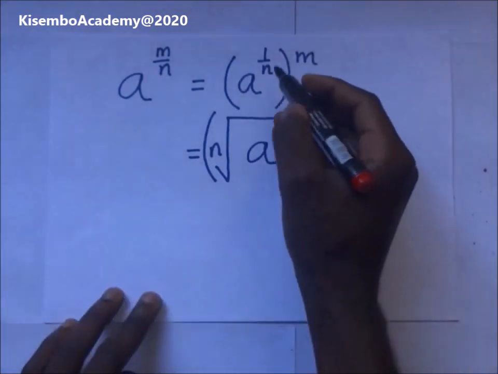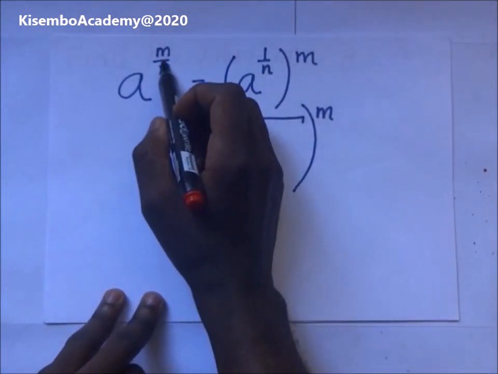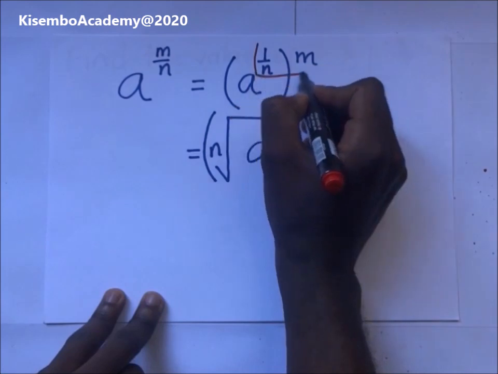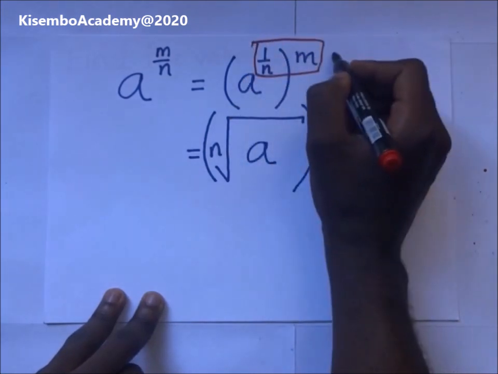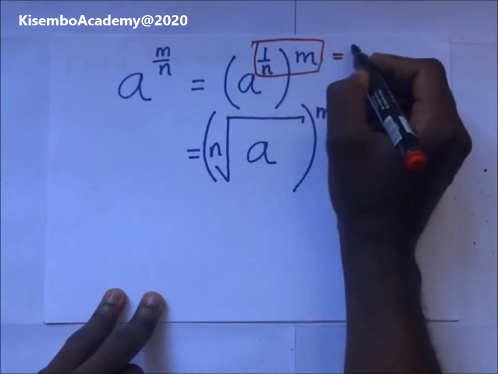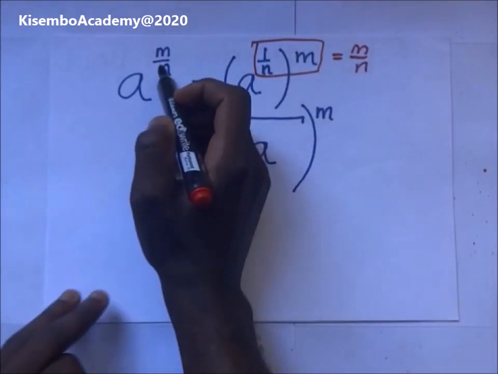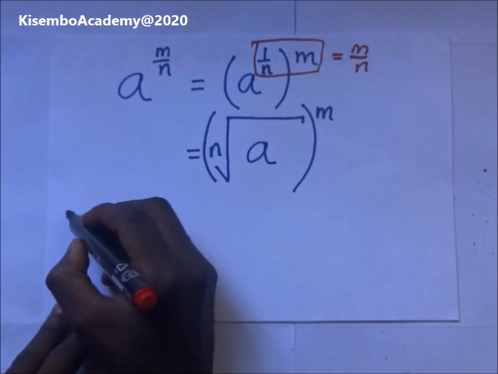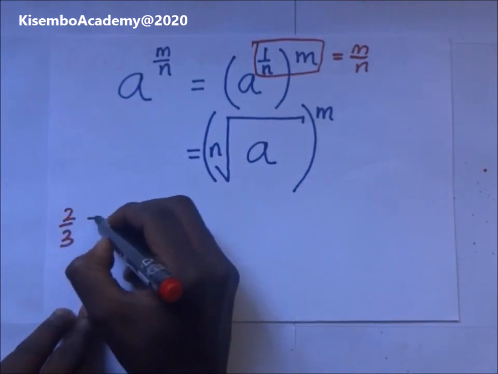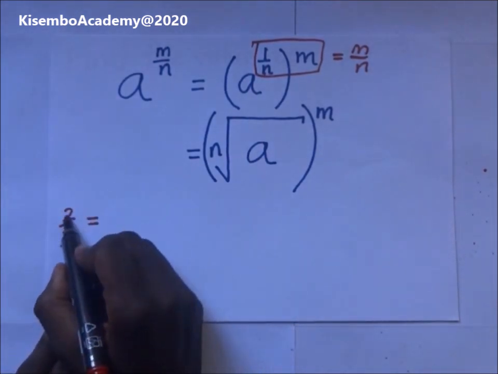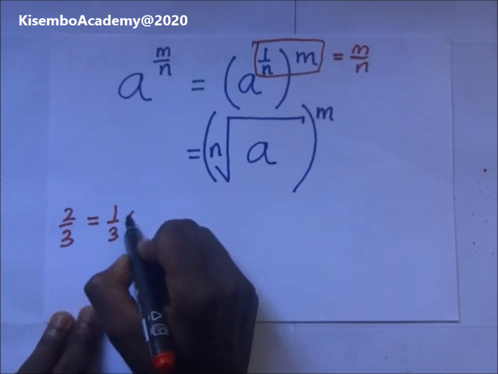In other words, if you look at this, 1 over n times m is actually m over n, which brings us back to this. It's like when they give you 2/3. 2/3 is the same as saying 1 over 3 times 2.